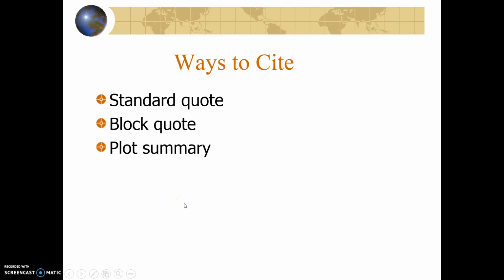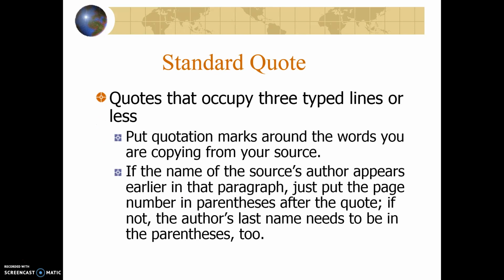Okay, in this lecture, I'm going to go over how to cite the three main types of content that we would need to cite in a text, which are standard quotes, block quotes, and plot summaries. Here are some of the guidelines for a standard quote.